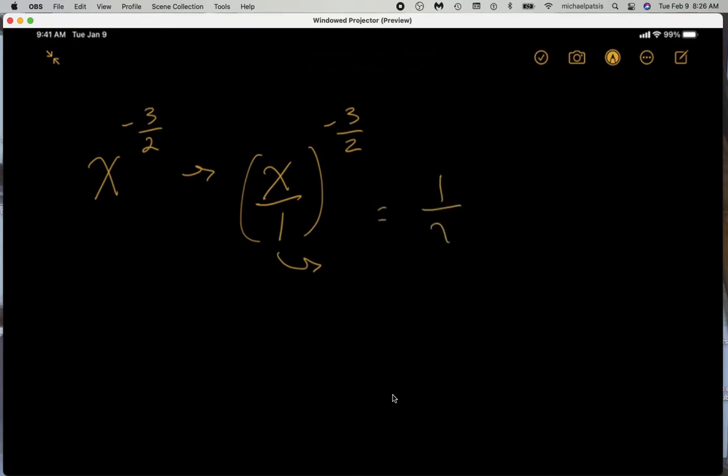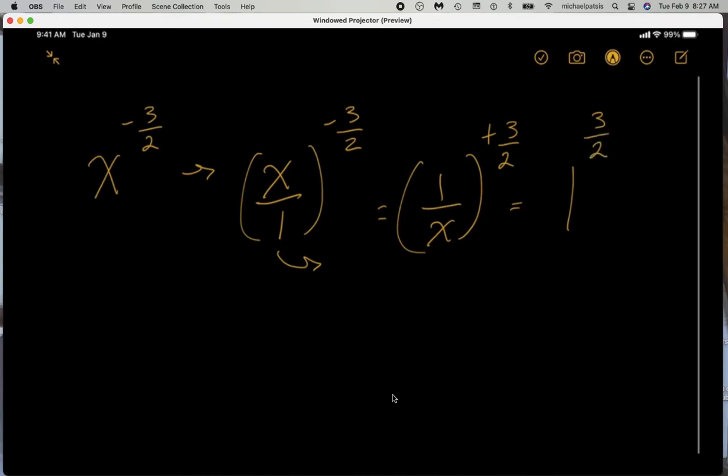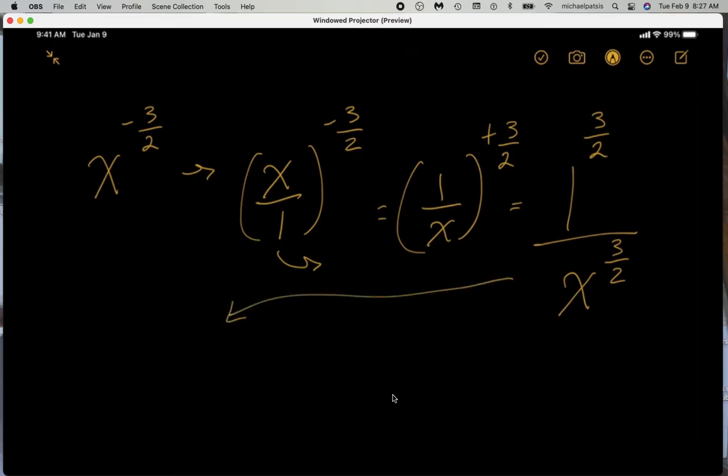This becomes 1 over x. You change this to a positive exponent, and you apply the power rule. When you apply the power rule, you got to make sure you do it to both numerator and denominator and all your factors. This becomes 1 over x to the 3/2.